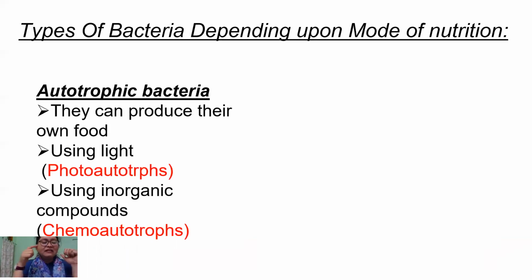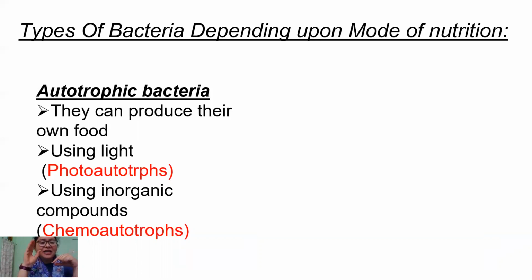In our previous classes, class 6 and class 7, we learned the meaning of the term autotroph: they prepare their own food by themselves.